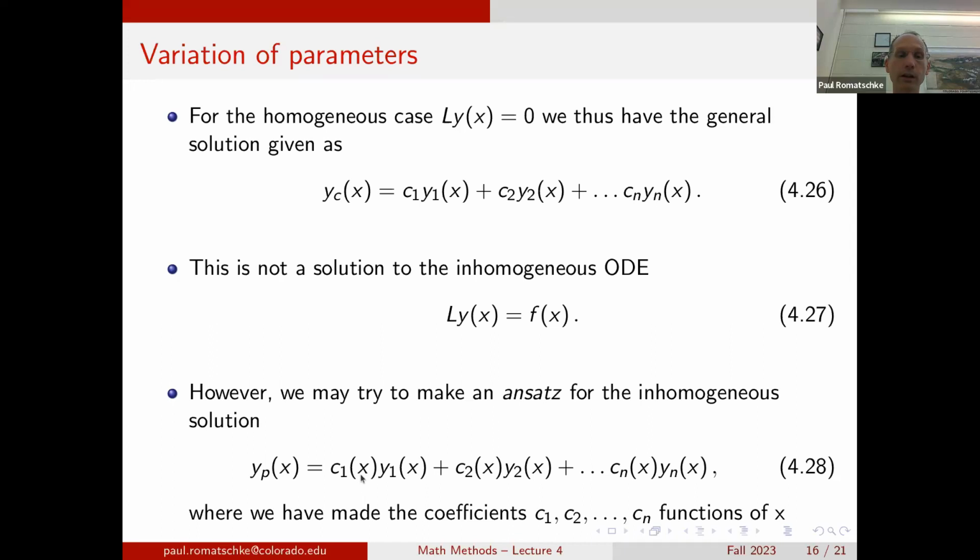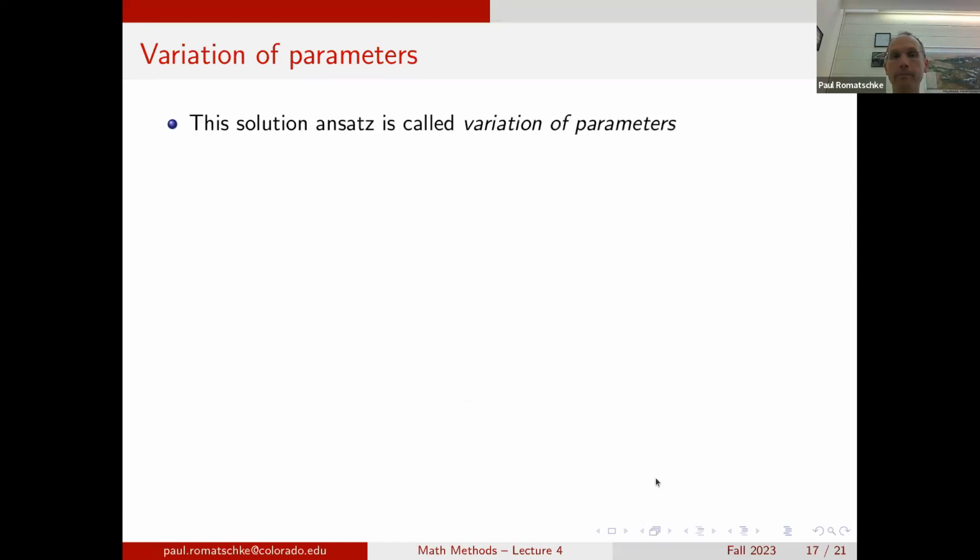So we have c1 of x, c2 of x, all the way up to cn of x. All of these are now allowed to be functions of x. Because we allow these coefficients to be functions of x, this is called a variation. So this solution ansatz is called variation of parameters.